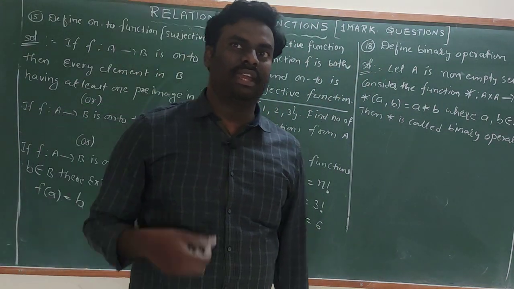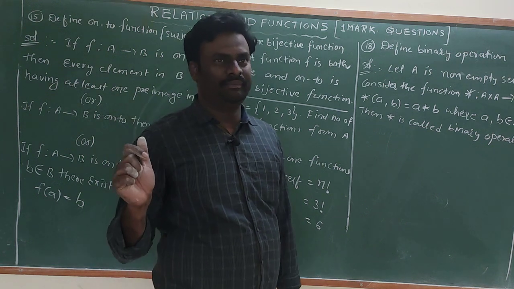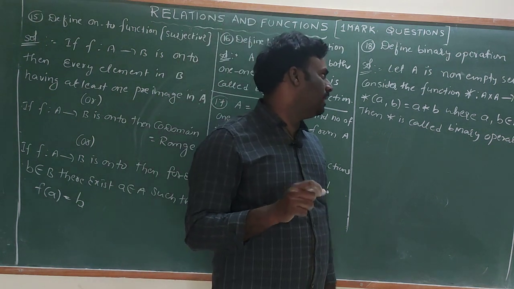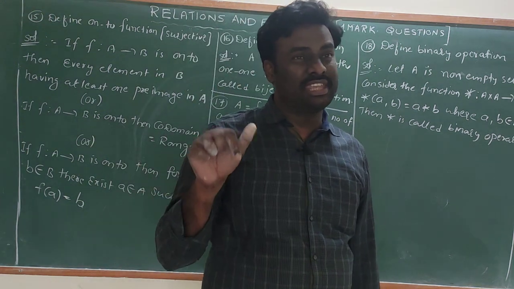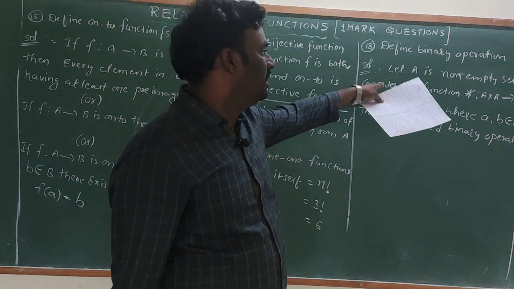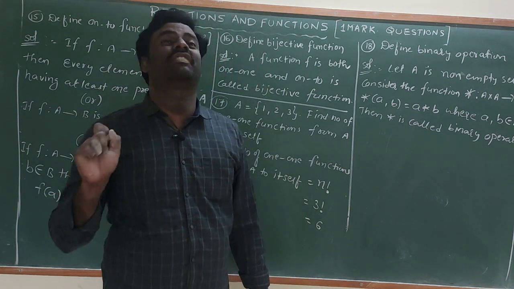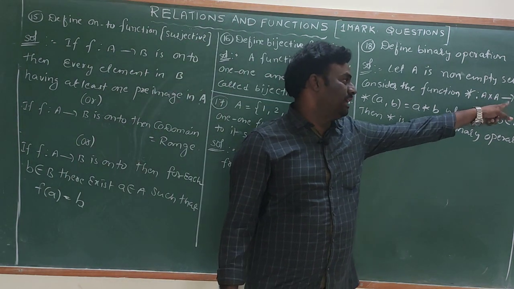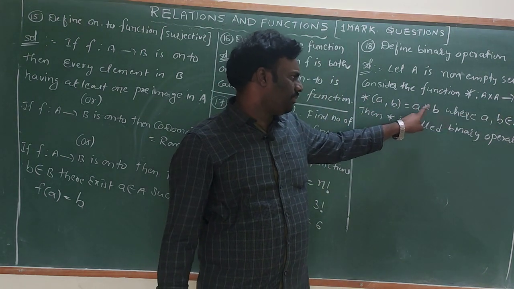Star can be written as plus, minus, multiplication or division. If a, b belong to the given set, then a star b also belongs to the same set, then star is called a binary operation. This star is a function from A cross A to A defined by star(a, b) equals a star b.